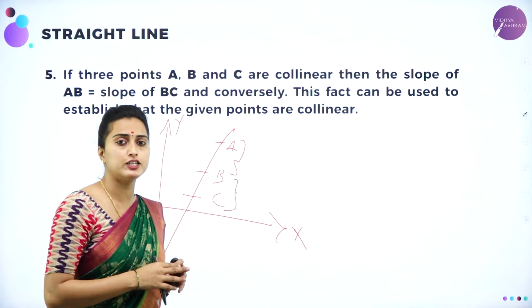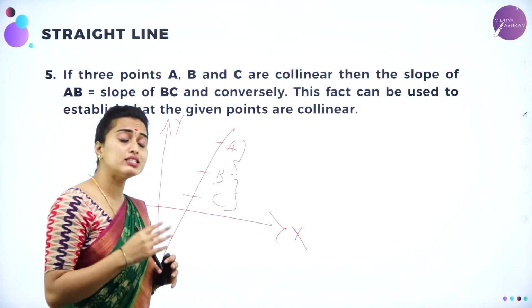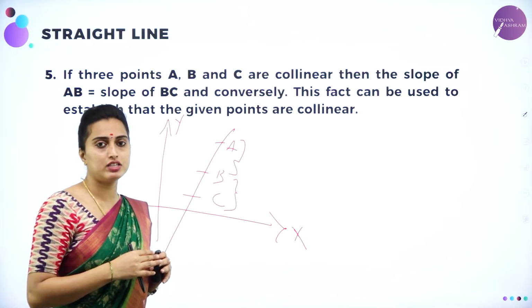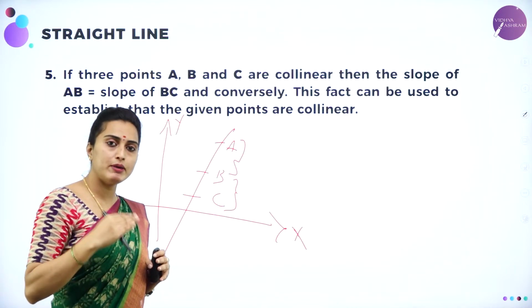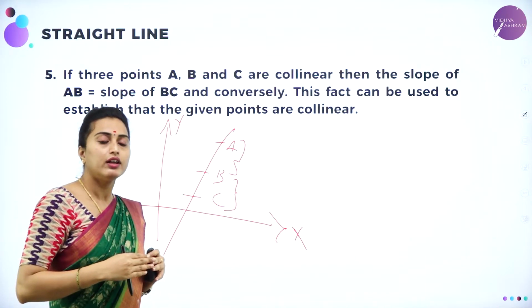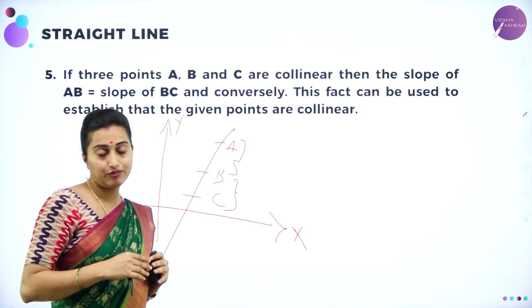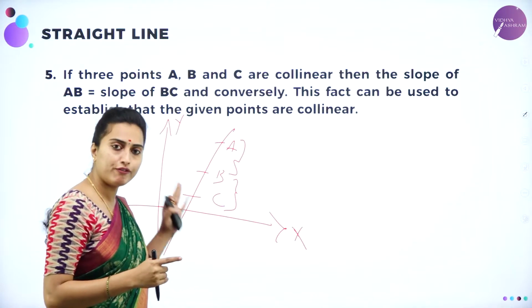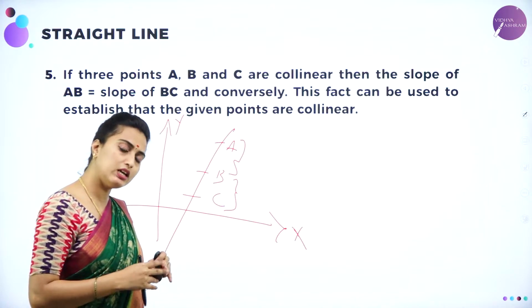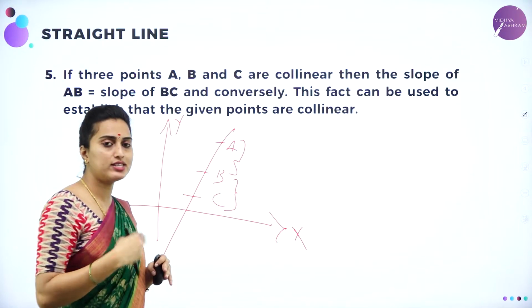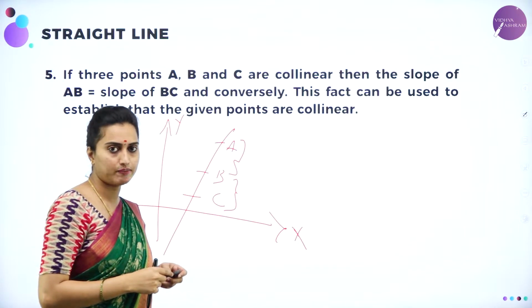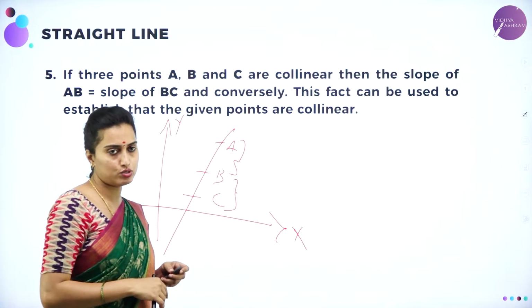They may ask you in your examination: prove that the given points A, B, C are collinear. You should prove that the slope of AB equals the slope of BC, or any two slopes are equal, so the points are collinear. I hope you got this one also.